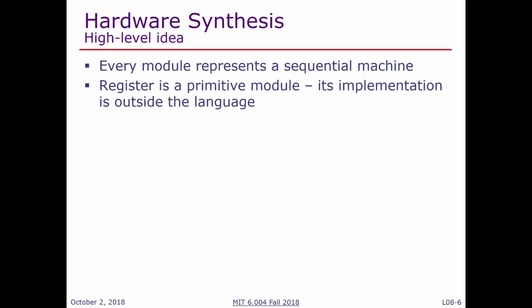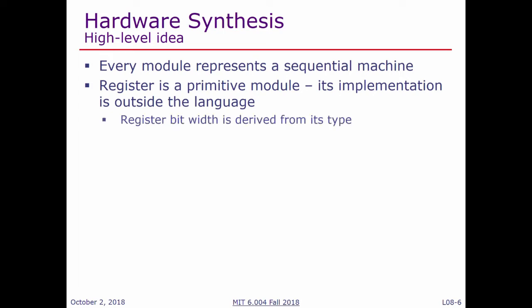Implementation of registers is outside the language, so we never will tell you exactly how a register is implemented, but we have hopefully demystified it for you by saying that it's actually a bunch of D flip-flops with enables, but they share a common enable signal. But you will not go down to that level of implementation yourself.